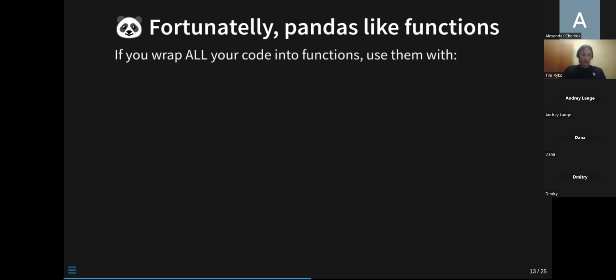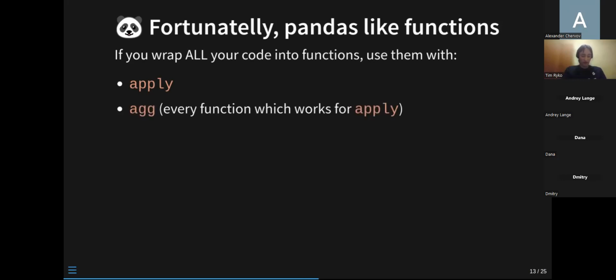You can use them with apply, of course. It's the first thing which comes to mind when you are thinking about how to use functions in pandas. But actually, you can also aggregate with any function you have written, like every function which works for apply works for aggregation.